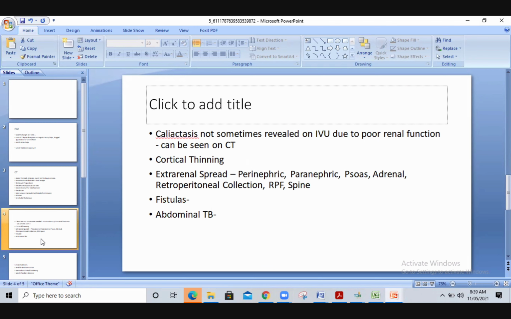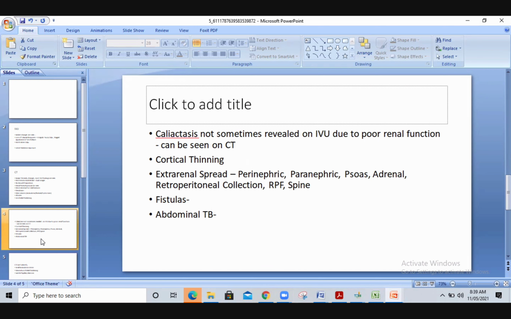The thinning of the cortex is also clearly seen on CT. Apart from that, extrarenal spread in the form of perinephric or paranephric abscesses, psoas abscess, adrenal involvement, and retroperitoneal collection, along with spine involvement, can also be seen on CT.